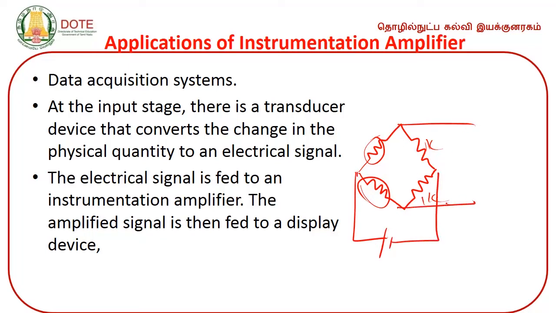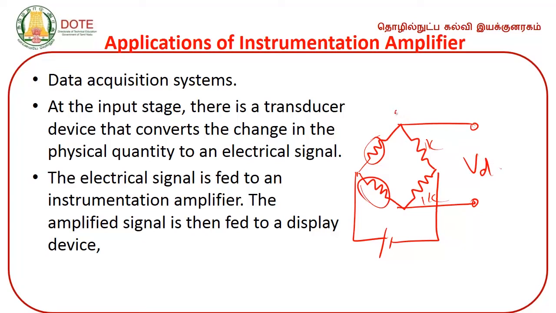Now see, the output of this bridge is a differential voltage. That means my required output, I am interested in the voltage between these two terminals, right? So that is nothing but differential voltage Vd.